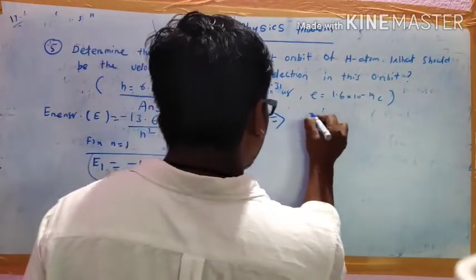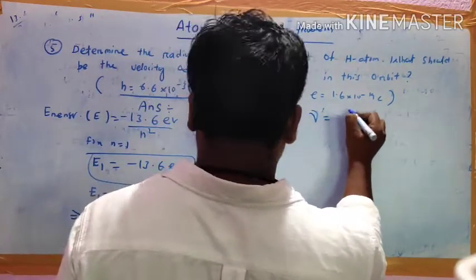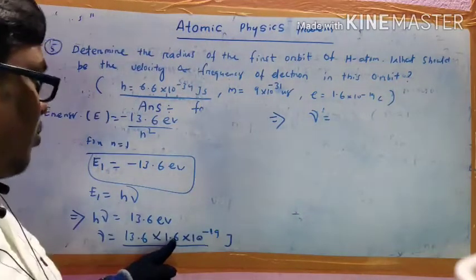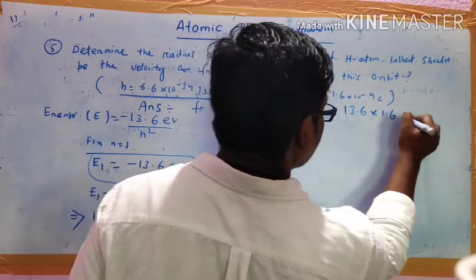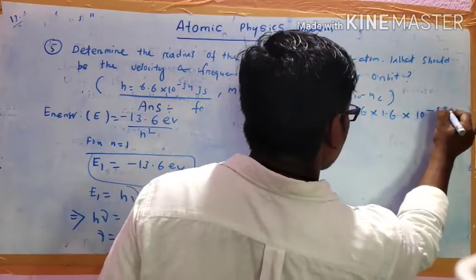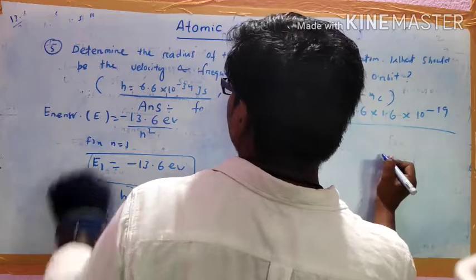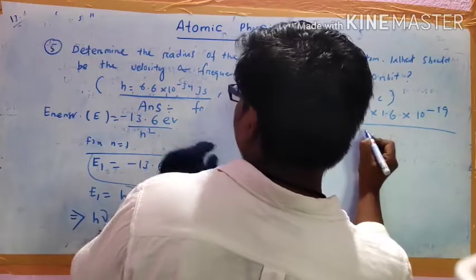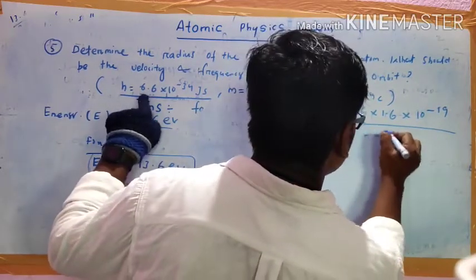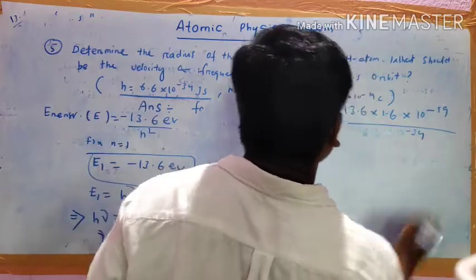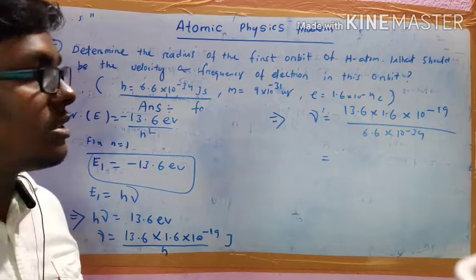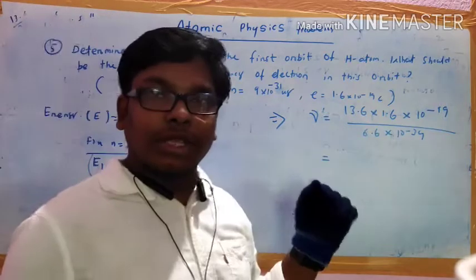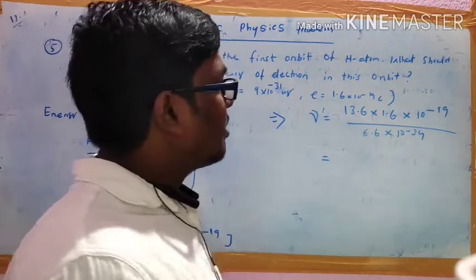So nu is equal to 13.6 into 1.6 into 10 to the minus 19 divided by h, which is 6.6 into 10 to the minus 34. Okay, you can do this, you can answer it.